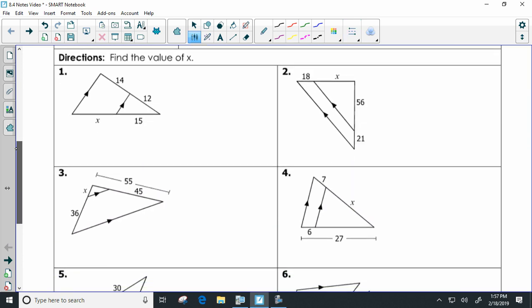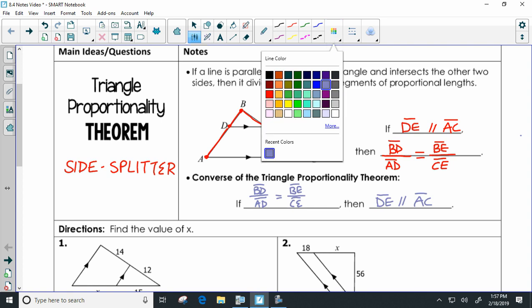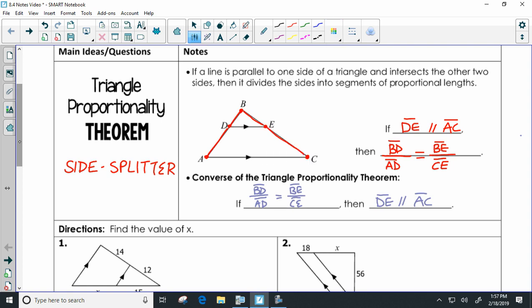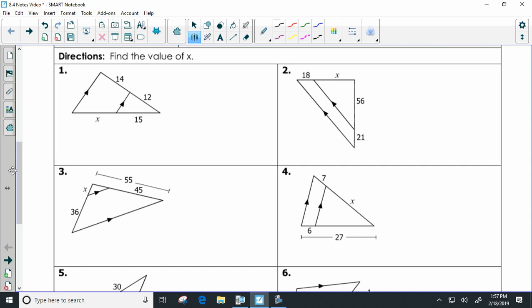Let's take a look at some examples. These first few all say find x, so we're trying to find the value of x. I see that I have two parallel lines.